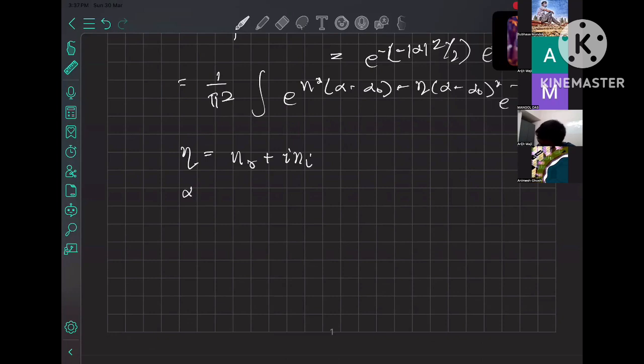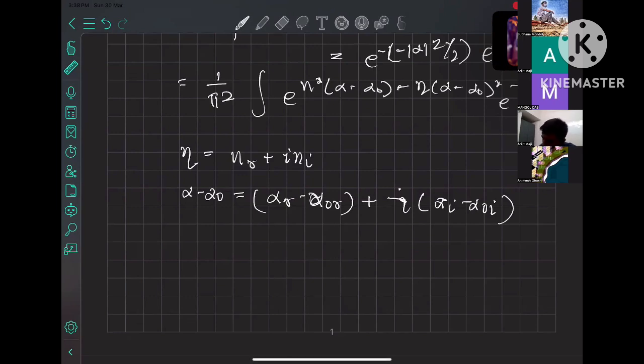And both alpha and alpha 0 are complex numbers, so they also have real and imaginary parts. So both of them are written as... so finally we have to use the standard integral.